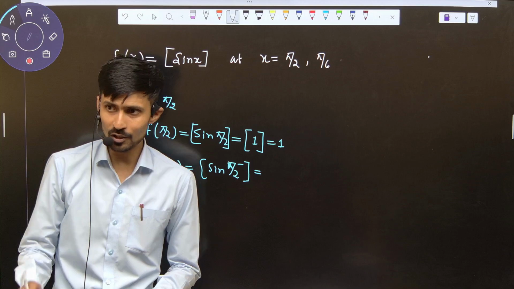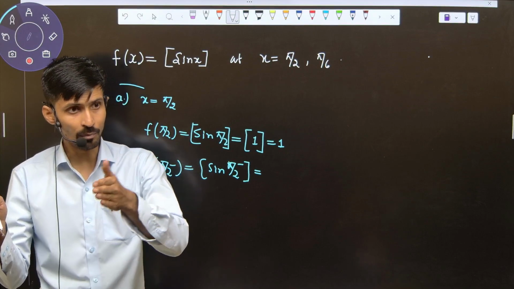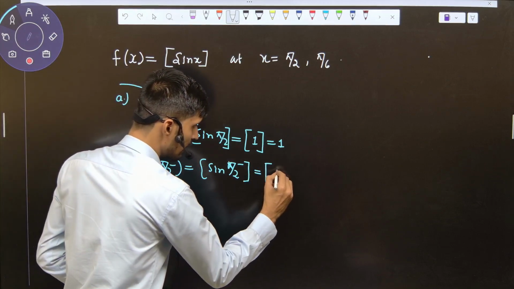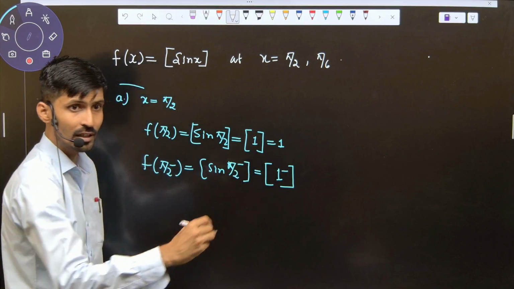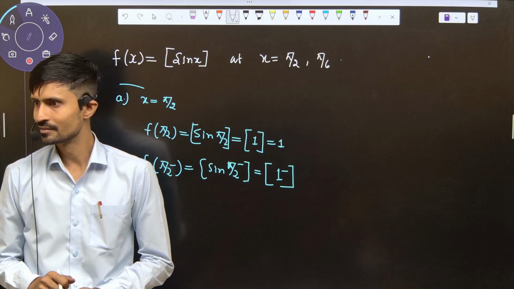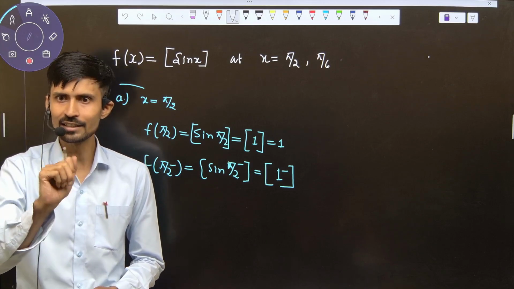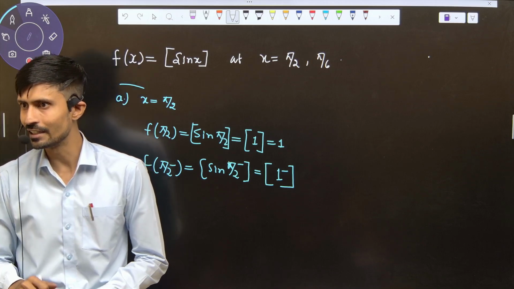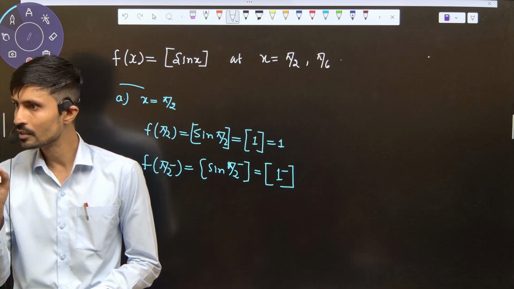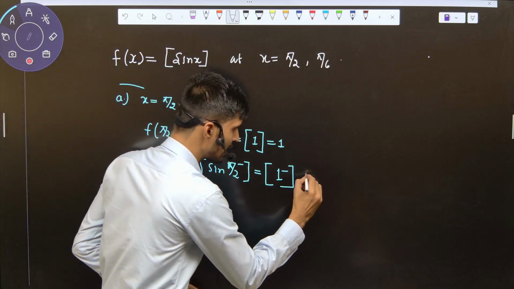But you know sine value only lies between minus 1 to 1. It means this value will be 1 minus, less than 1. Why will it be less than 1? Because sine 90 is 1. Do you think sine 89.9999 will be 1? No, sine 90 is 1. So if the angle is different than 90, how can it be 1? So sine 89.999999 will be less than 1, very slightly less than 1, 1 minus. And what is the greatest integer of 1 minus?